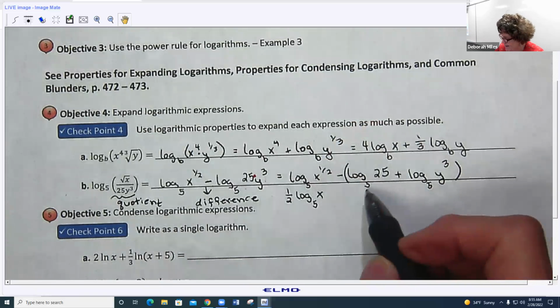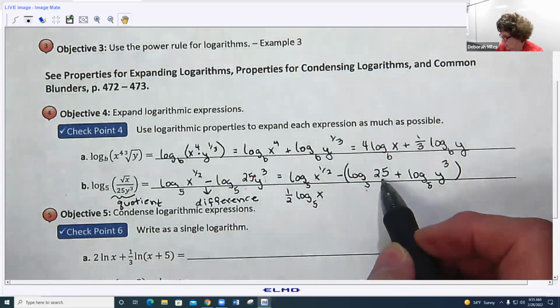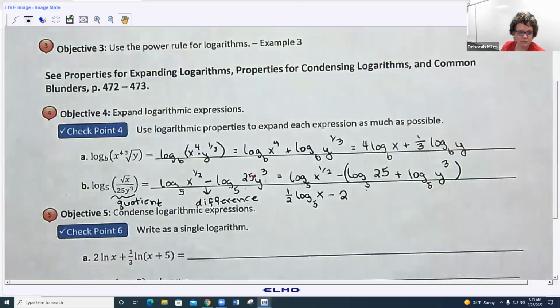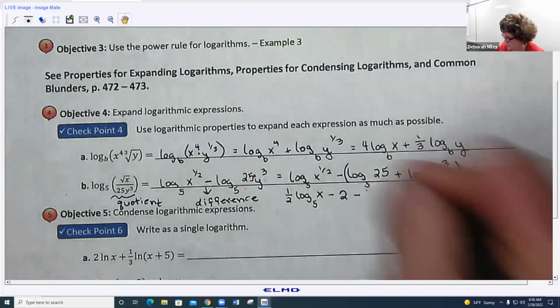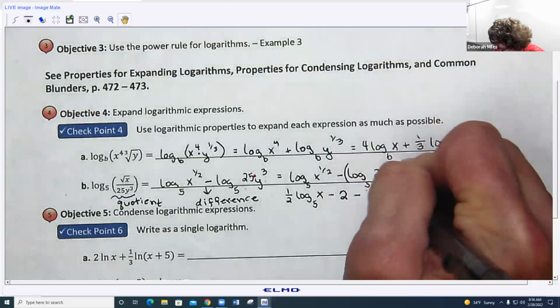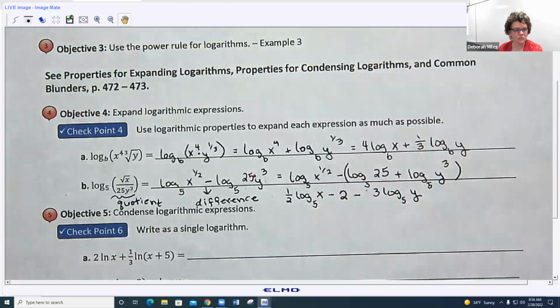The exponent of 5 that gives you 25 is 2. So distribute that negative and it'll be -2 minus, because I'm distributing the negative completely. And how can I write this last term? Three log base 5 of y. That's expanding logarithms. Any questions?